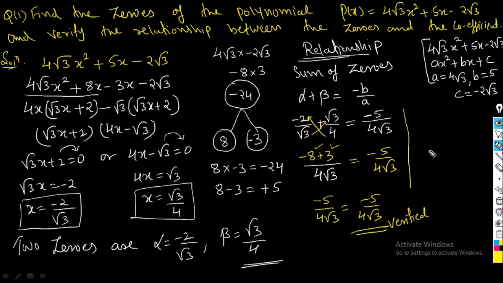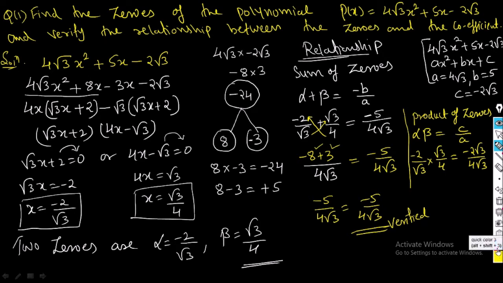Now the second relationship is the product of zeros, that is alpha into beta is equal to c by a. Alpha is minus 2 by root 3 and beta is root 3 by 4. The c value is minus 2 root 3 divided by a, and a is 4 root 3.